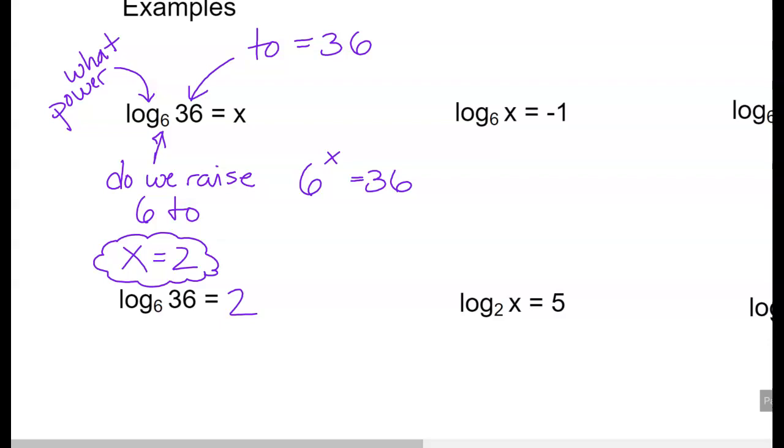So now, what I'm starting to show you today, what's different about the problem we just did versus number 2 here? We have a variable inside of a log. I want to point out that this is not log base 6 times x. This is log base 6 of x. We are logging the x.